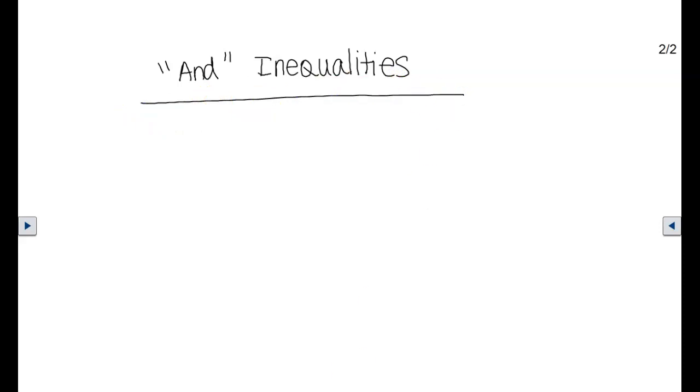Before we look at an AND inequality, I want you to think for just a moment about the word AND. If I were to tell you, and don't take me at my word on this, this is just an example that I'm using, that next week we wouldn't have any assignments and I was going to give everybody a free grade of 100.